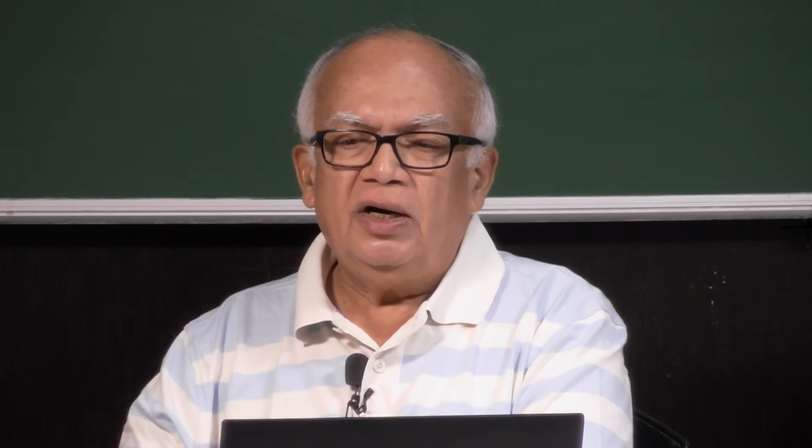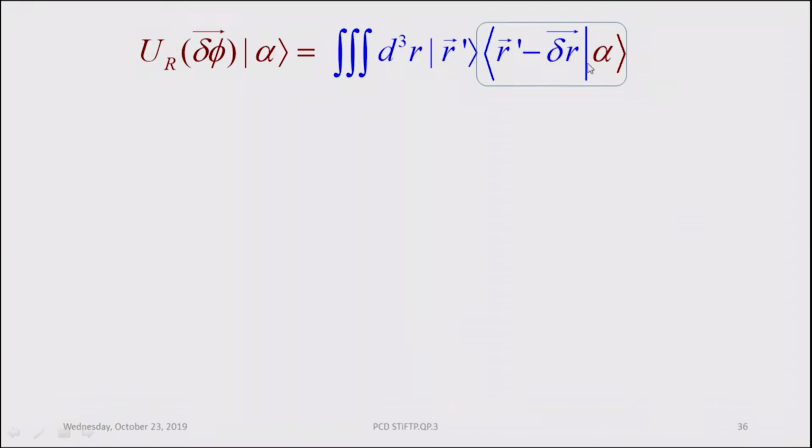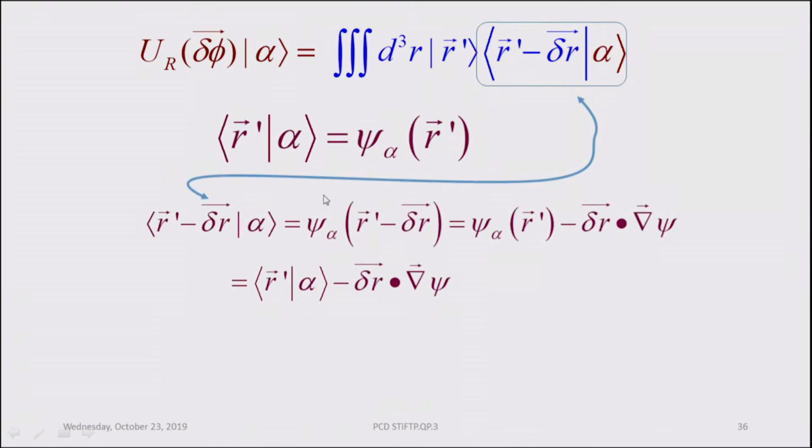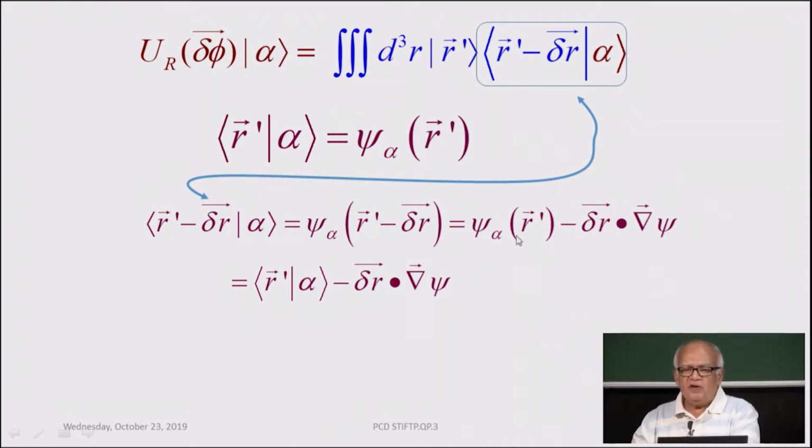You can do a Taylor expansion. This is the wave function not at r prime, but at r prime minus delta r. So this wave function is the wave function at the coordinate r prime minus the difference. The difference in the first order is simply given by the component of the gradient along that displacement.